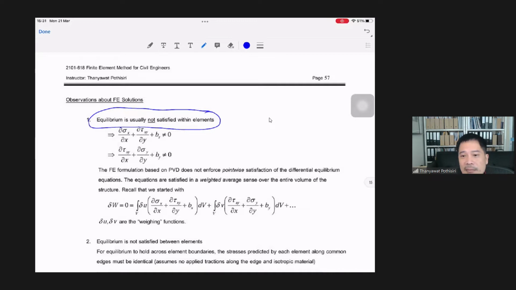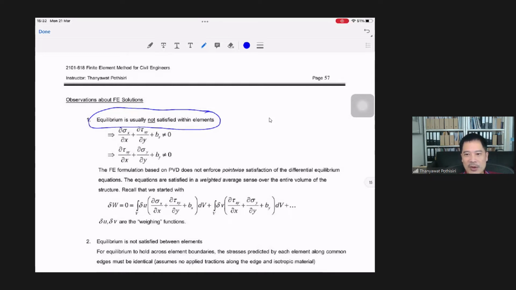So this means that if you cut through your body and write a free body diagram, you can have values of forces that do not satisfy equilibrium. But in reality, we cannot have something like that, right?